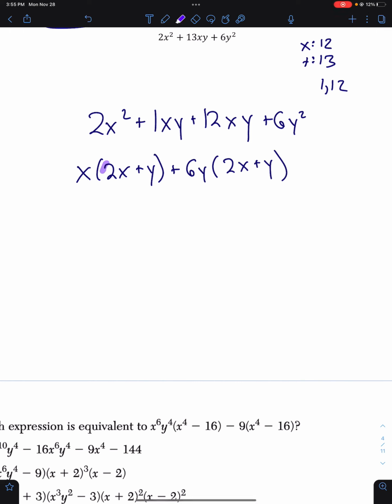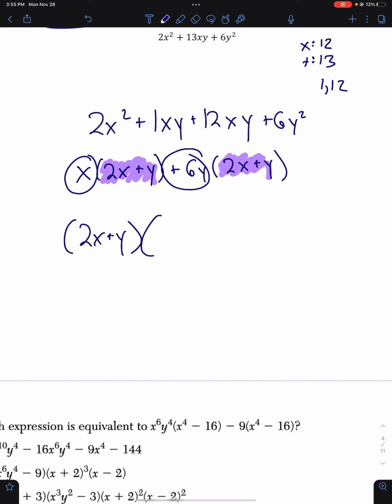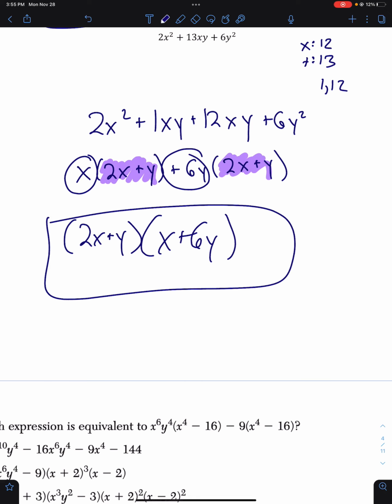We know we're correct 99% of the time because we have the same factor in here. So I can take out a 2x plus y. And then what we're left with is x plus 6y. And that's it. So nothing really changes. And if you multiply that through, you should get back to the original expression.